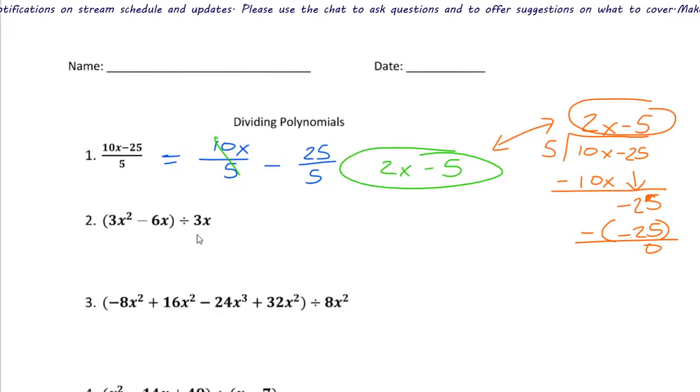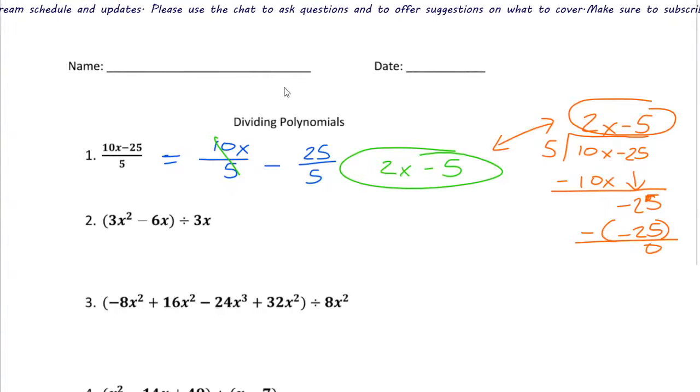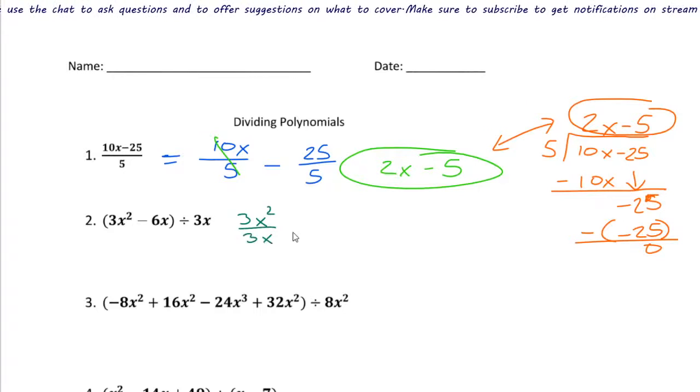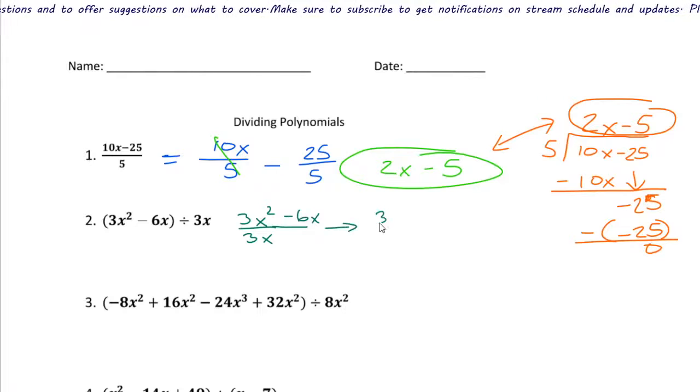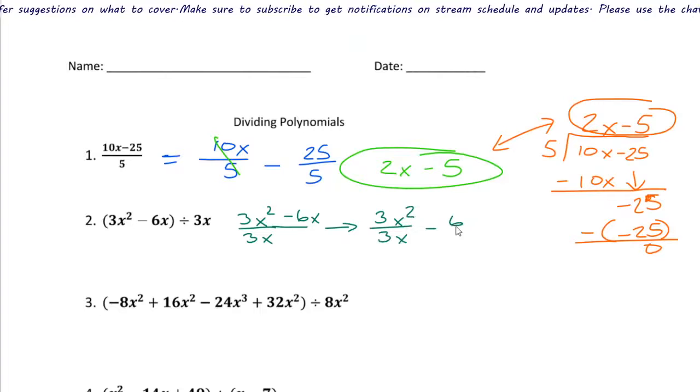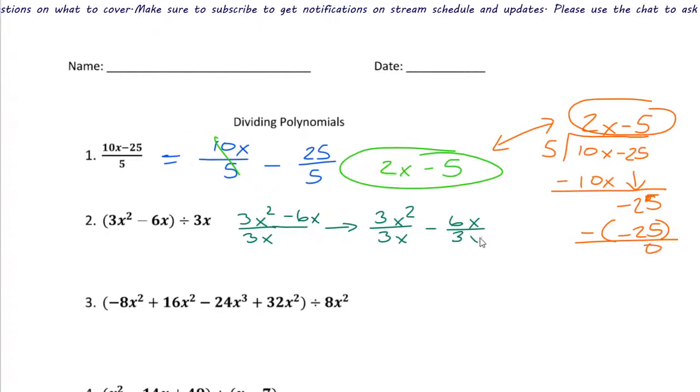So again, we can do the same thing where we can just rewrite this as a fraction. So 3x squared divided by 3x minus 6x divided by 3x, and then you can break that up. So what do we need to multiply 3x by to get 3x squared?